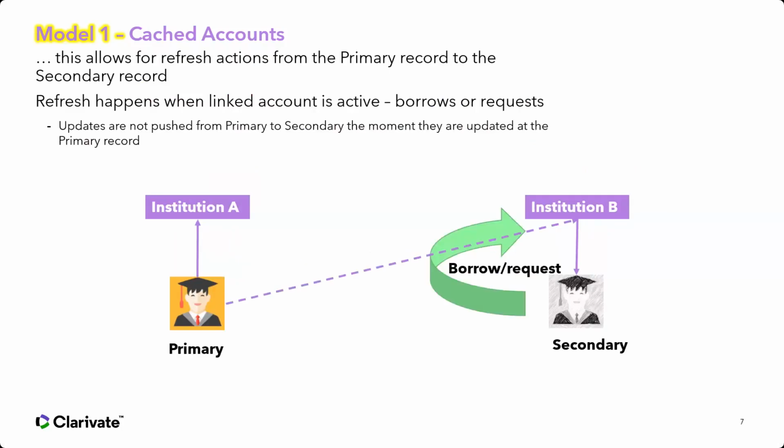Okay, so that's the general model. The updates that I'm referring to are pulled by institution B when the patron is active at institution B. That means that when the patron either places a request on an institution B record or checks out an institution B item, that's when institution B refers back to institution A and pulls that information, automatically.